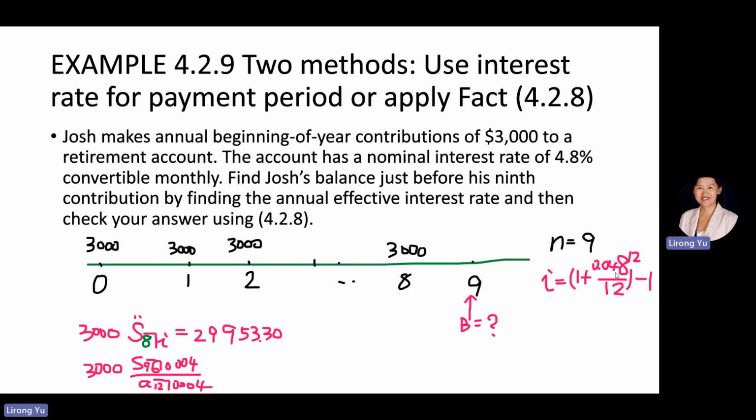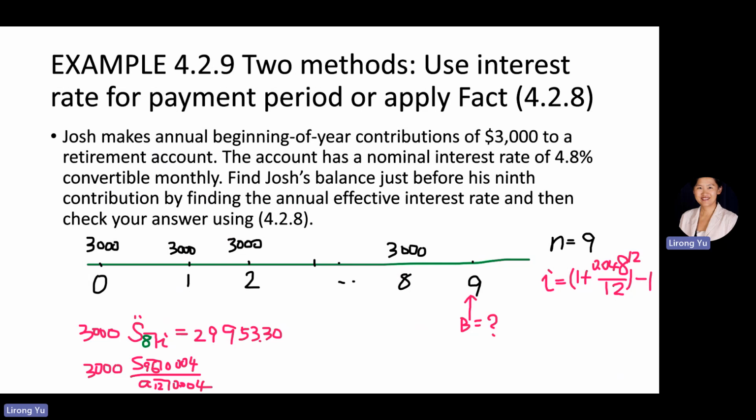The accumulation is the power 12, and you minus 1 to find the interest. So i is calculated this way. Using that, you will be able to calculate the total future value, which is 29,953.3. So this is applying what we've learned in chapter 3.